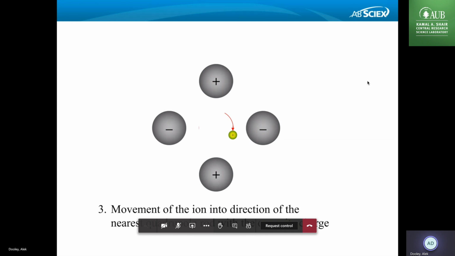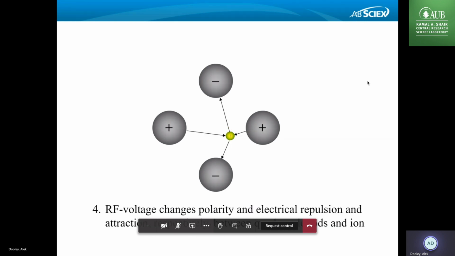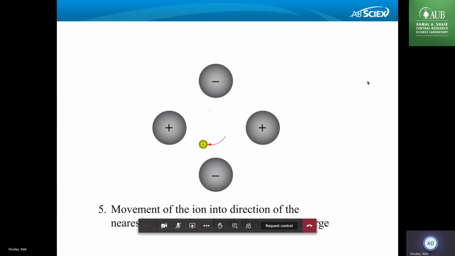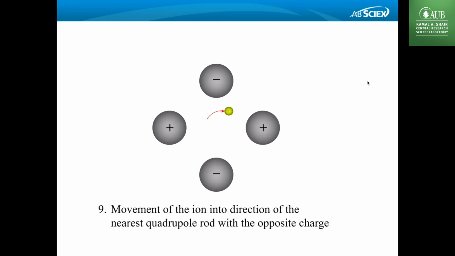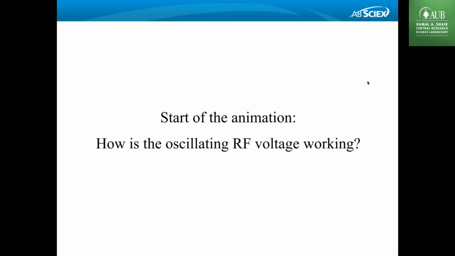And what happens is just as it moves, now the polarity of the rods has changed as the polarity is changing with the radio frequency. So now we have a different force diagram and the ion is in a different position. So the force changes and it pushes again the ion around in that little quarter circle. And this keeps going, and so the ion makes this circular path, which actually is a corkscrew through the rods.